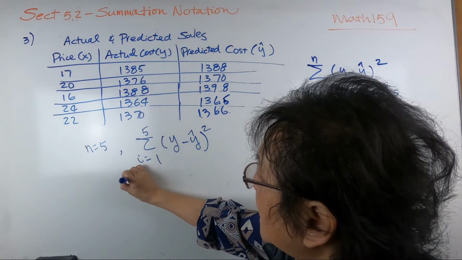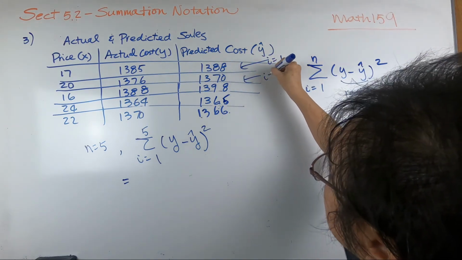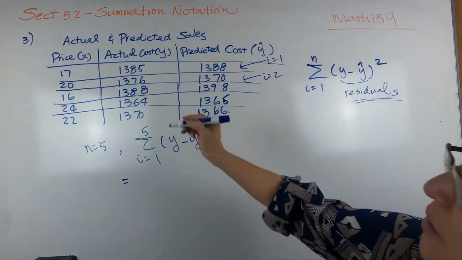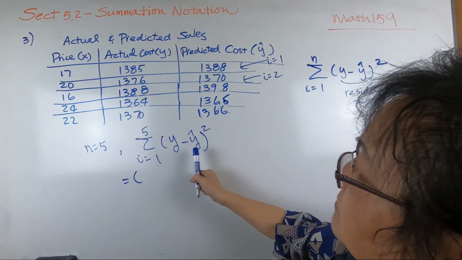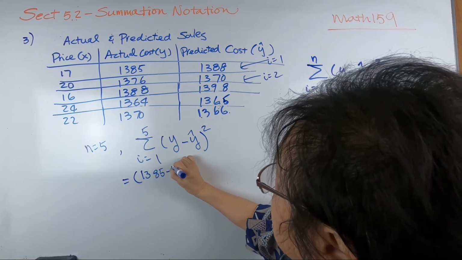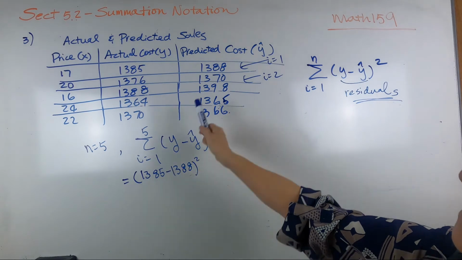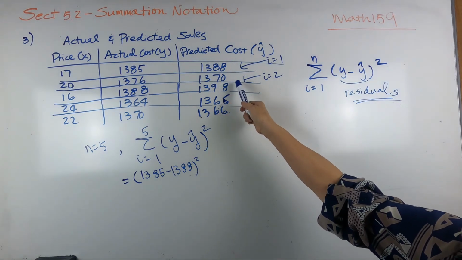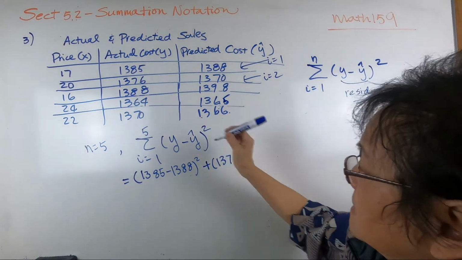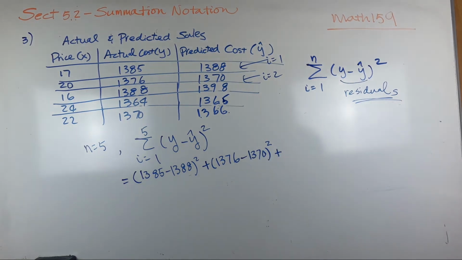So this is item i is 1, i is 2, second item, all the way to 5 items, right? So what do you do? Actual minus predicted. So you do 1385 minus 1388, take the square. That's i is 1, first item, right? For the second item, you do what? 1376 minus 1370, you take a square, right?